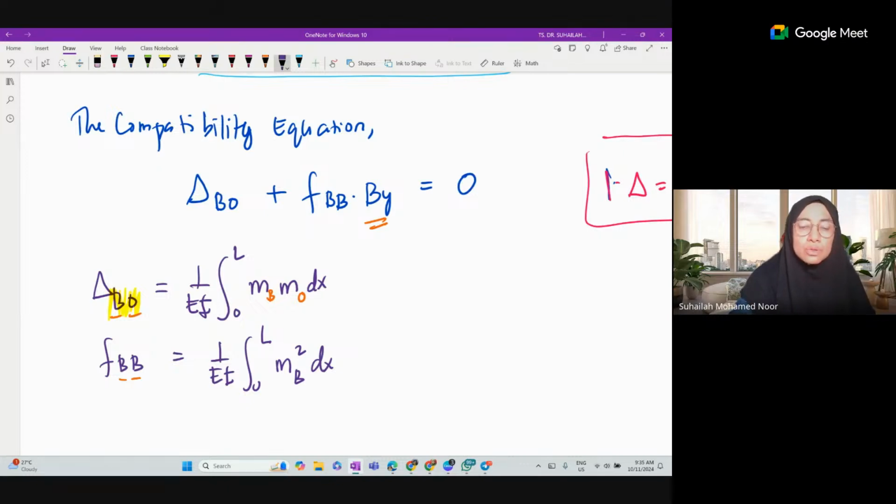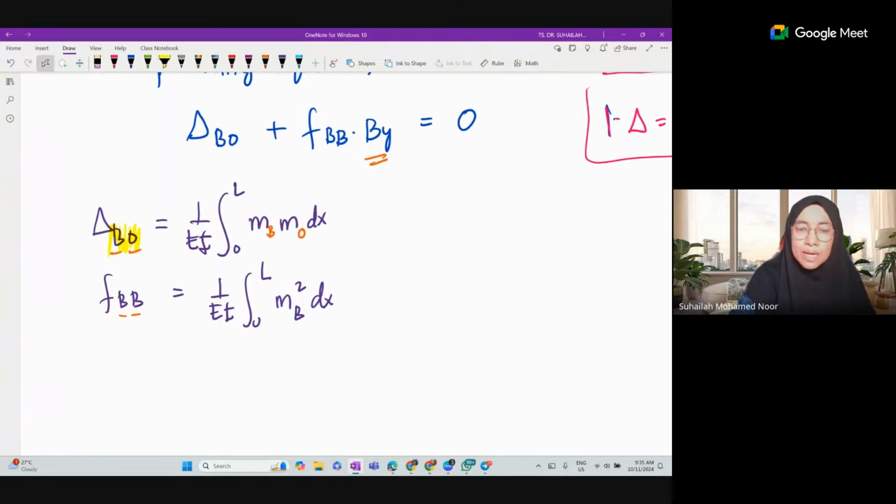So these are the two formulas to calculate displacement.